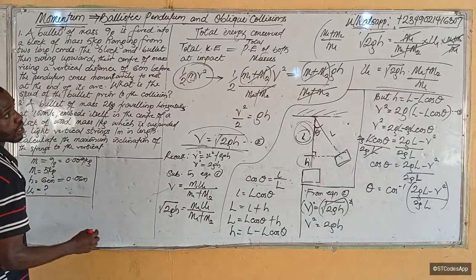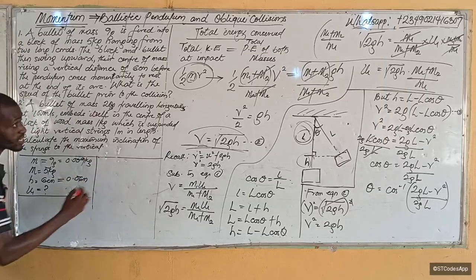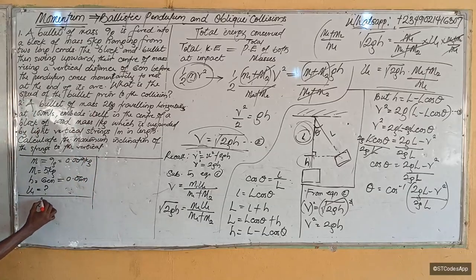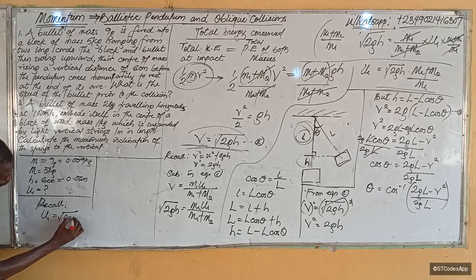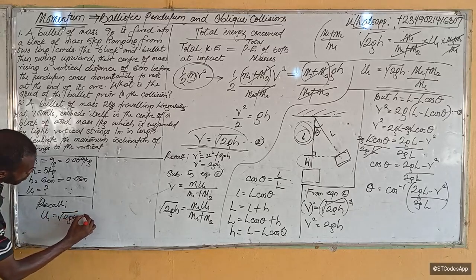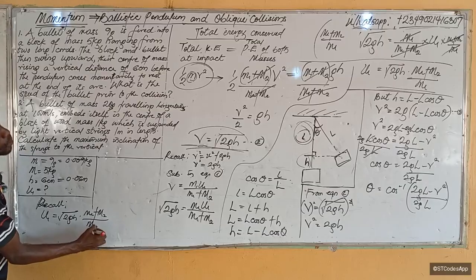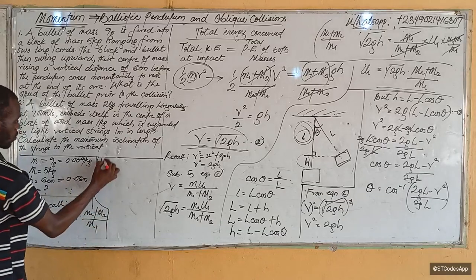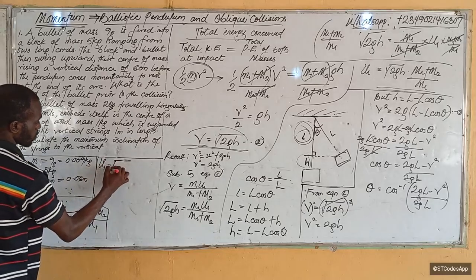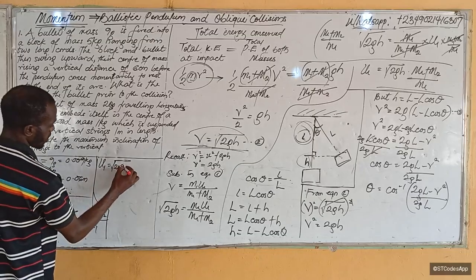So that's U1 now. Recall that U1 is equal to the square root of 2GH multiplied by (M1 plus M2) over M1. So from here, U1 will be equal to the square root of 2 times, what is G? Let's take G to be 9.8, or 10.